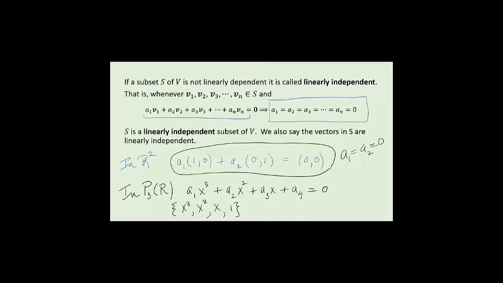Or we could say that those four vectors are linearly independent, meaning that if we set up an equation, a1 times x cubed plus a2 times x squared plus a3 x plus a4 times 1, and set it equal to 0, the only solution is the trivial solution. a1, a2, a3, and a4 all have to be 0.